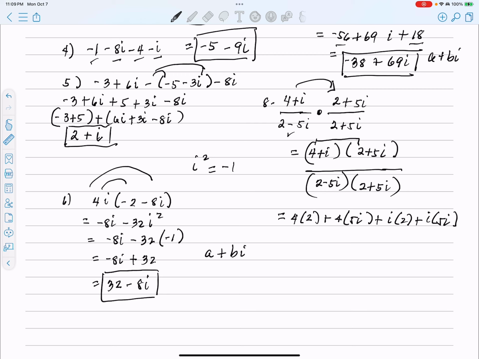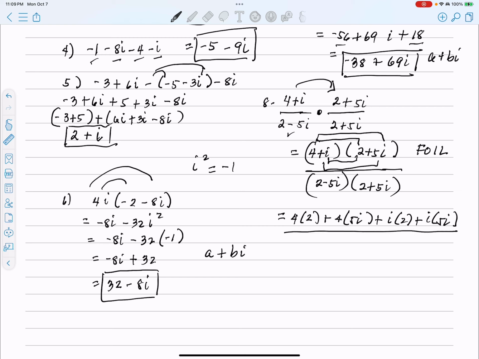Okay, this multiply, and then this multiply. FOIL. I hope you remember. First, outside, inner, and last terms. So do the same thing with your denominator.